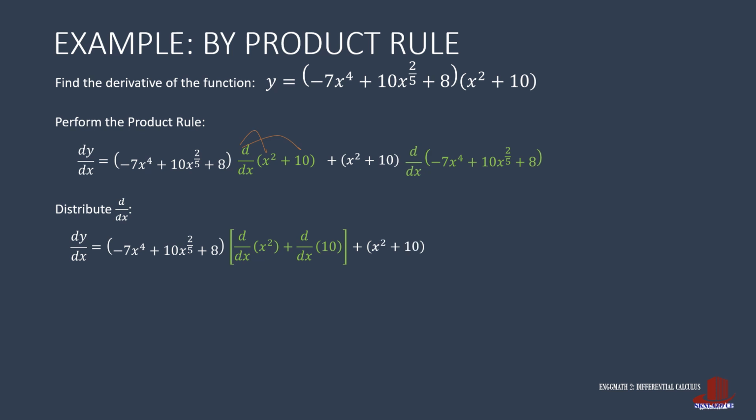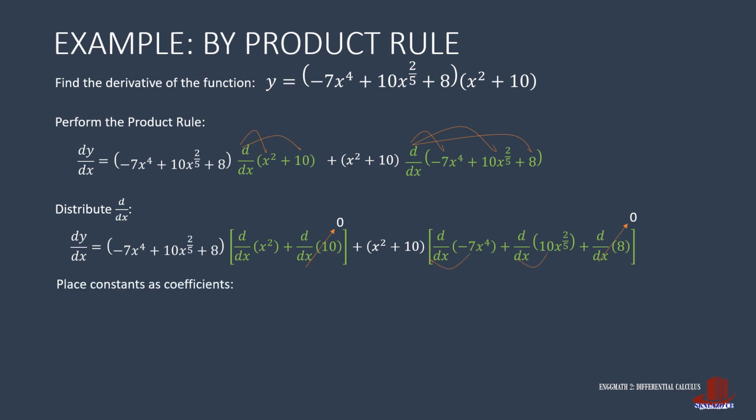Now, add the second term with the distributed derivatives of the trinomial factor, that is, d over dx of negative 7x raised to 4 plus the derivative of 10x raised to 2/5 plus d over dx of 8. From here, reduce the derivative by zeroing out the derivatives of the constants 10 and 8.